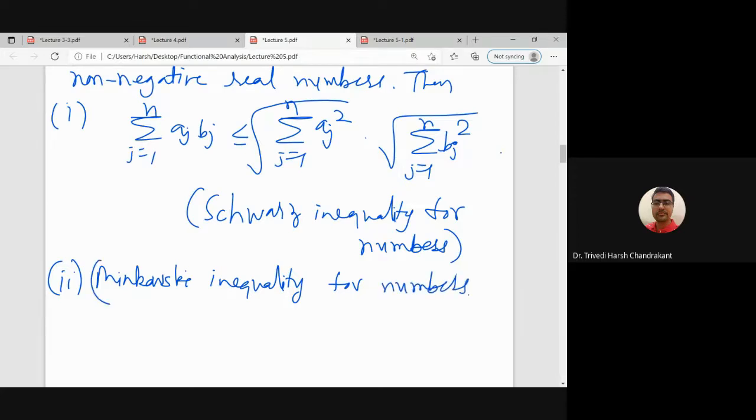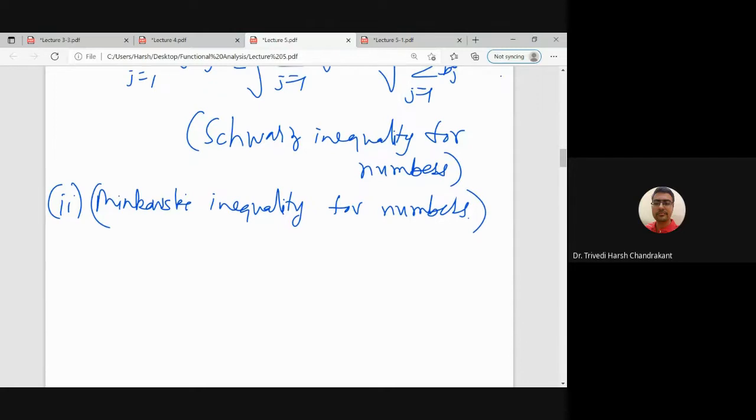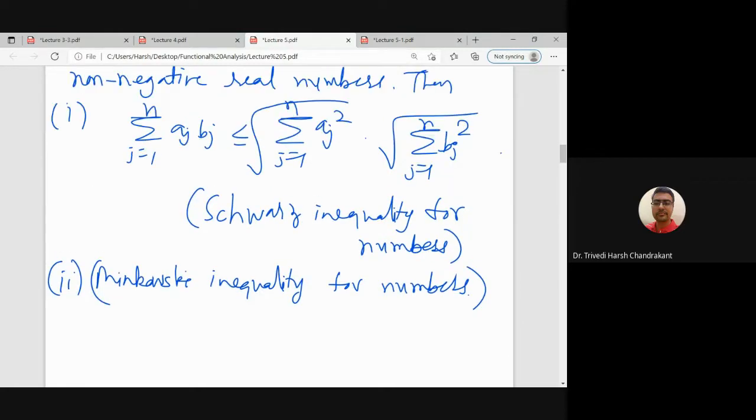So there are many versions of this inequality. Here we are discussing it for finite sums.